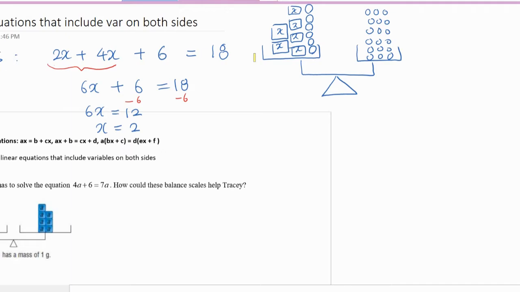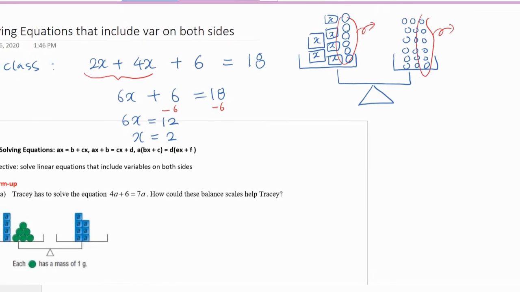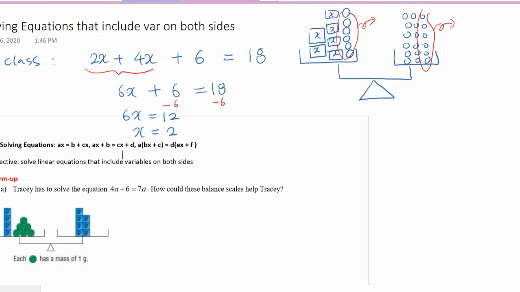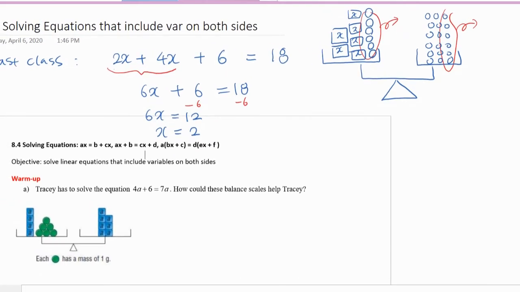To solve the equation, we took away 6 integer chips from both sides. Like I subtract 6 from both sides, right? And you have 6x equals 12, and dividing both sides by 6, your answer is 2. So this was how you solve equations that include variables on the same side.